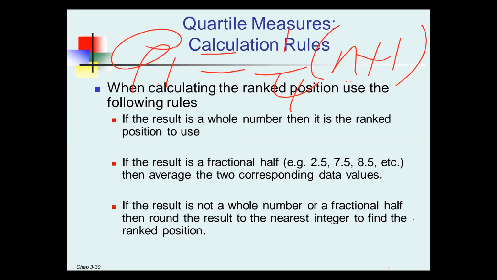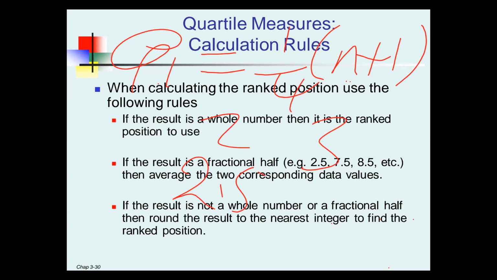Then if the result is a fraction, maybe 2.5, then you average the two corresponding values. For example, you find 2.5. It means your position is between 2 and 3, right? 2.5 is between 2 and 3.